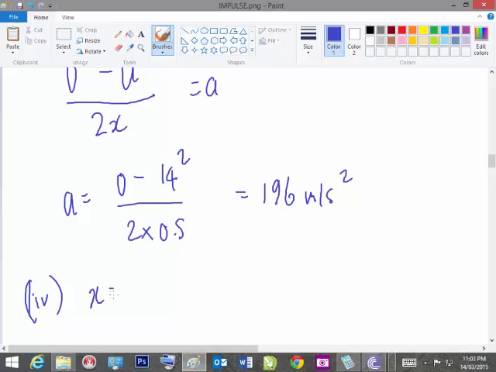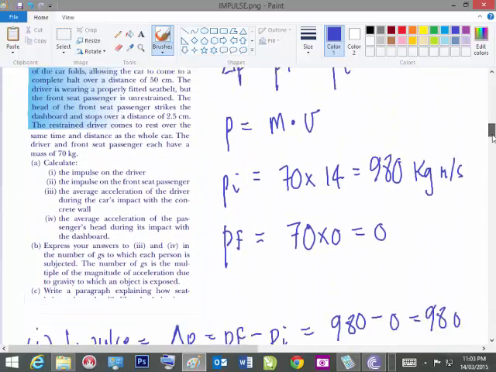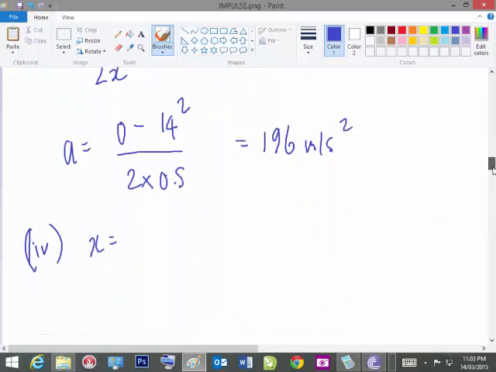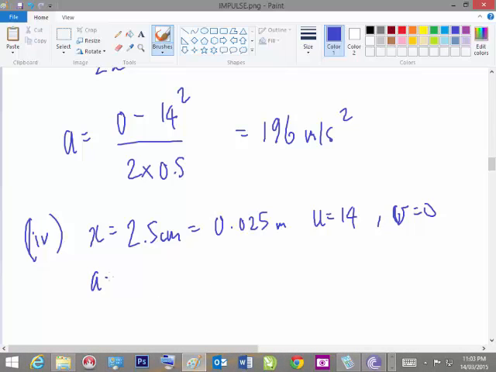In this case, the distance taken is 2.5 centimeters, the same as 0.025 meters. Initial velocity is equal to 14. Final velocity is equal to 0. Find out what a is equal to.